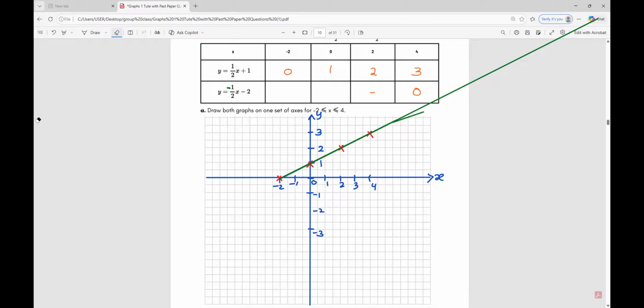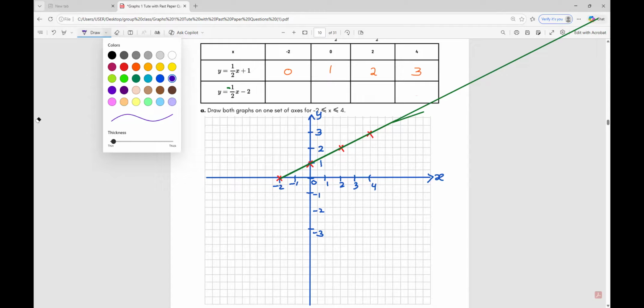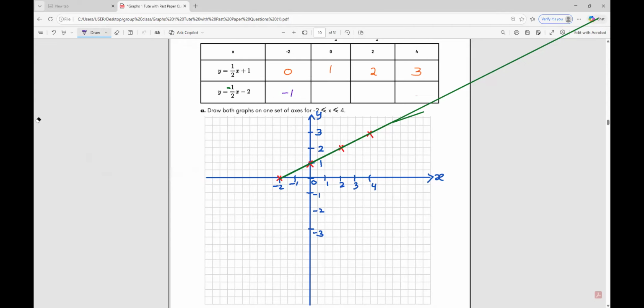These points. y equals minus half x minus 2. Then we can find it. Minus 2 plus 2, 2 divided by 2 is 1. 1 minus 2 is minus 1. 0 minus 2 is minus 2. For 2, minus 1 minus 2 is minus 3. For 4, 4 divided by 2 is 2, minus 2 minus 2 is minus 4.